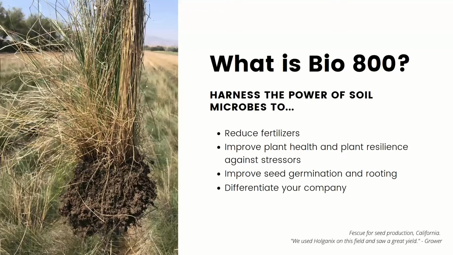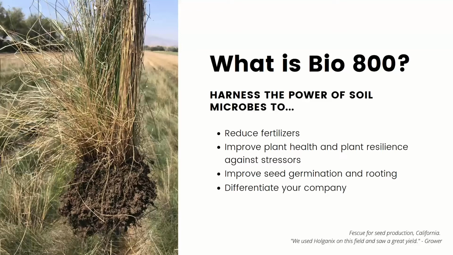As far as seed germination and rooting, we'll have a couple examples come up regarding that. The faster you can get a seed to germinate and get to maturity, the more resilient it's going to be. So when you have immediately the soil microbes there for that seed as it breaks open and starts to germinate, it's not searching for any resources.